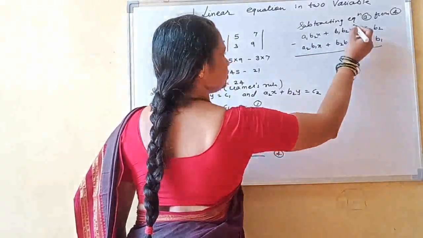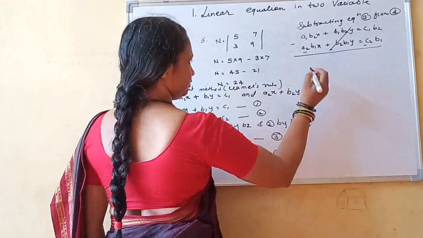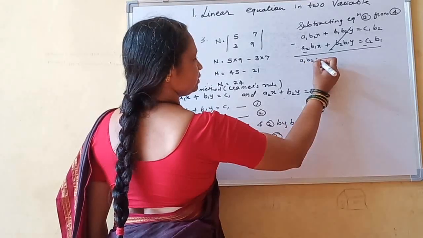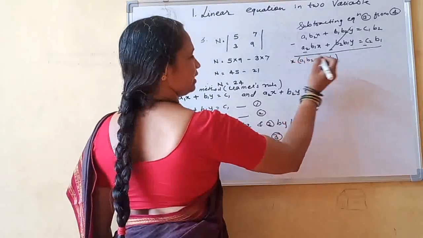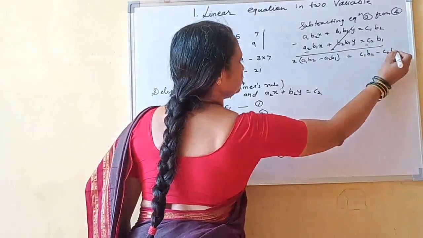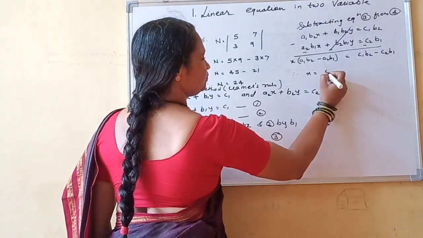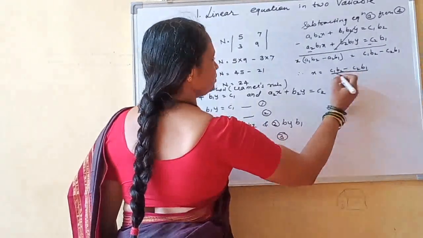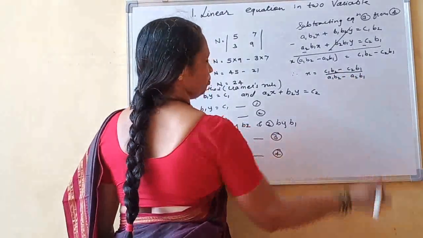Now see, subtracting, the y terms will get cancelled. It will remain a1 b2 minus a2 b1, and x will be taken common, equal to c1 b2 minus c2 b1. Therefore x will be equal to c1 b2 minus c2 b1 upon a1 b2 minus a2 b1.